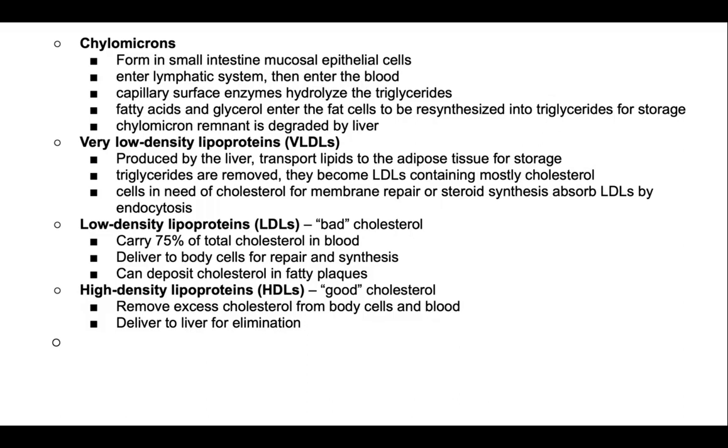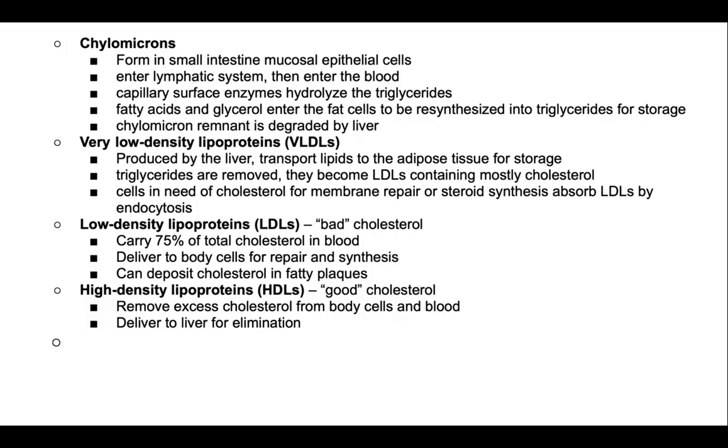Your chylomicrons are going to form in the small intestine in the mucosal epithelial cells. They're going to enter into your lymphatic system and then eventually the blood. So the capillary surface enzymes are going to hydrolyze the triglycerides. So the fatty acids and glycerol enter the fat cells, and then they can be resynthesized into triglycerides for storage. The chylomicron remnant is then degraded by the liver.